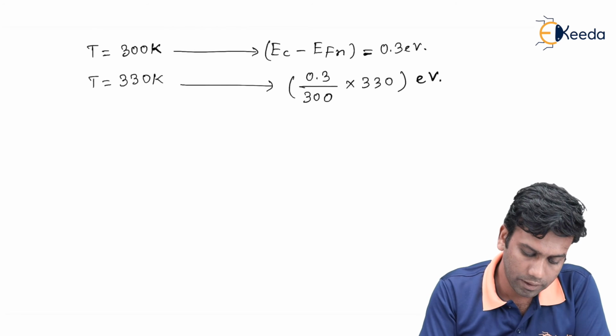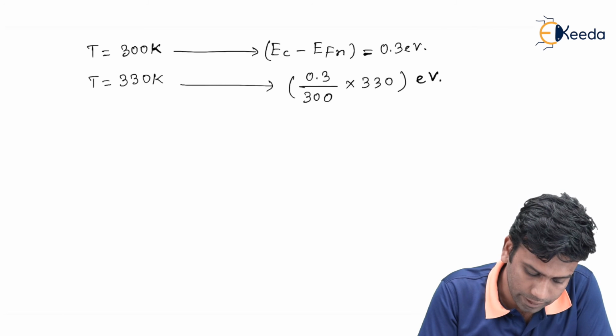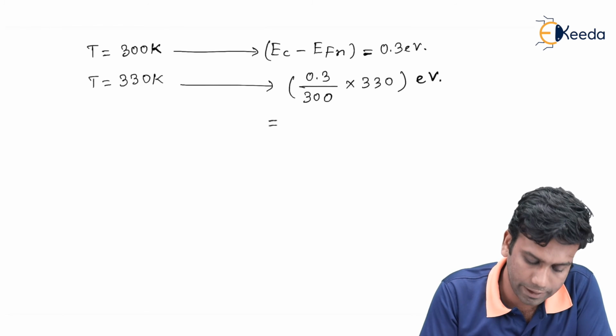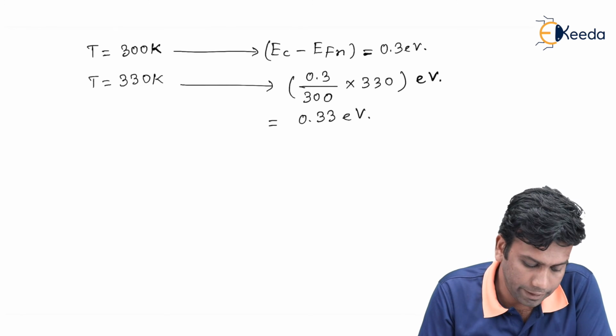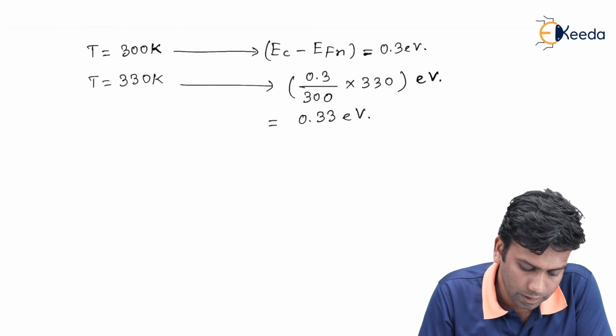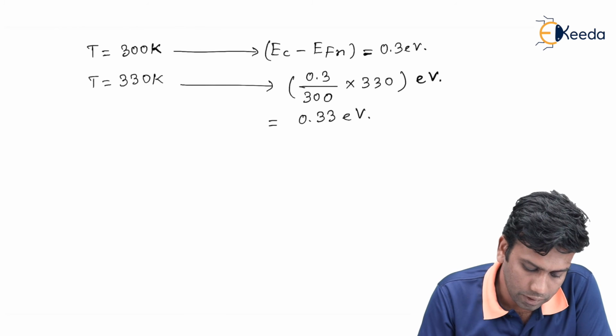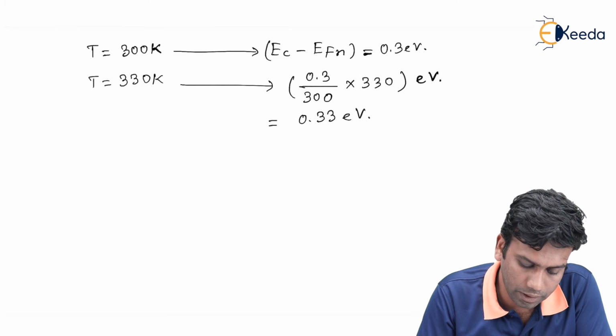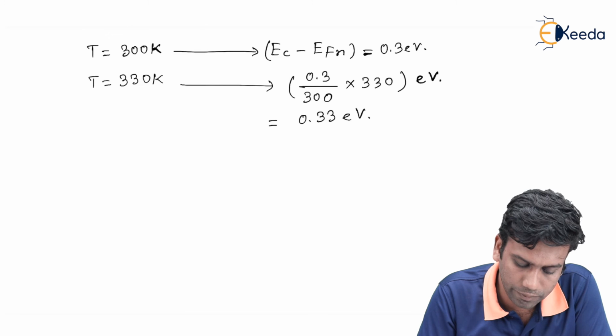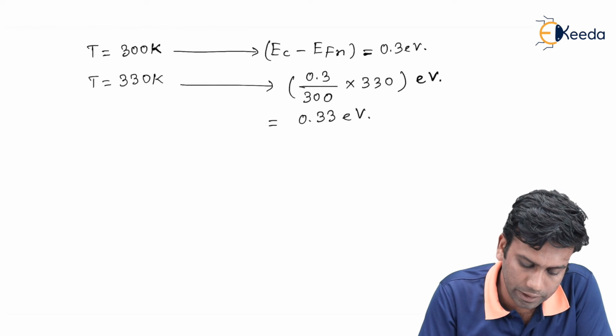After calculating and simplifying, we can find the answer as 0.33 electron volt. That means at 330 K, the gap or the shift of the semiconductor Fermi level will be 0.33 electron volt, and it has been increased.